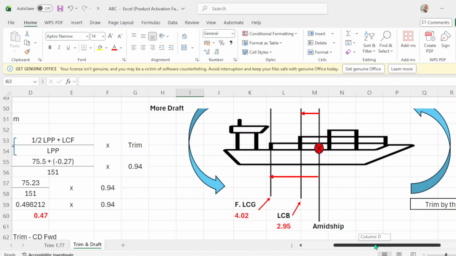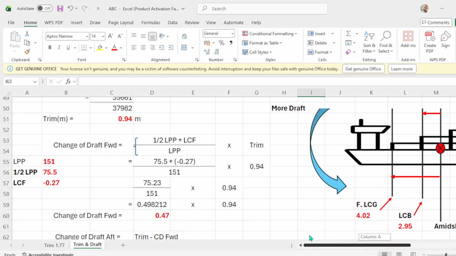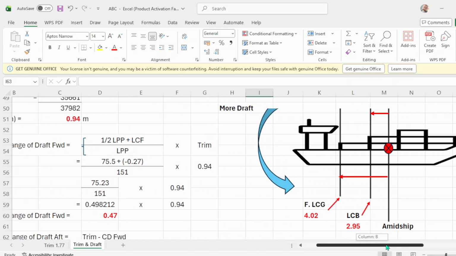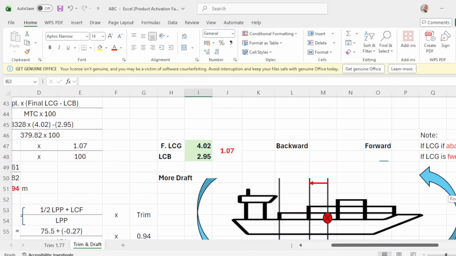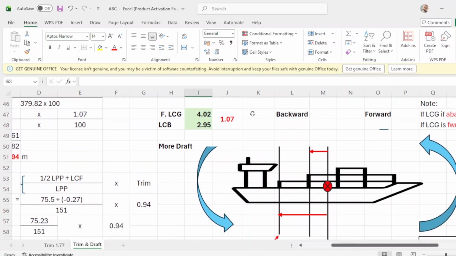Okay, how much is your... take note, your LCG is 4.02.